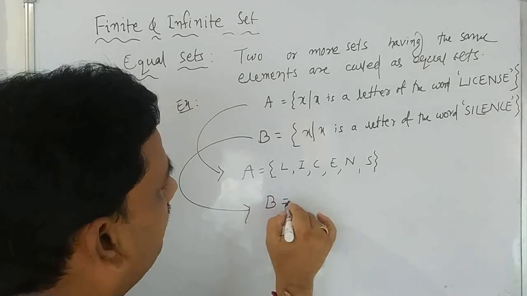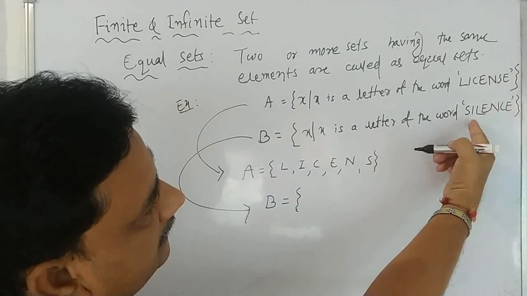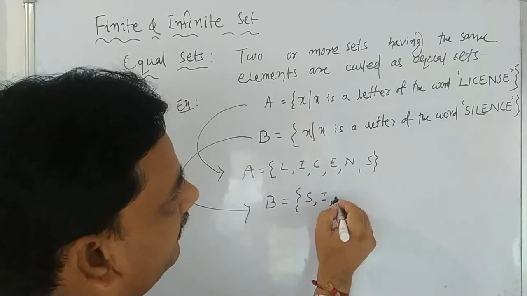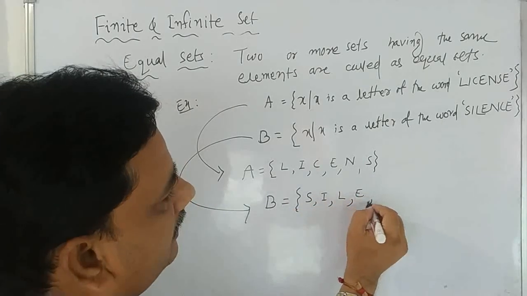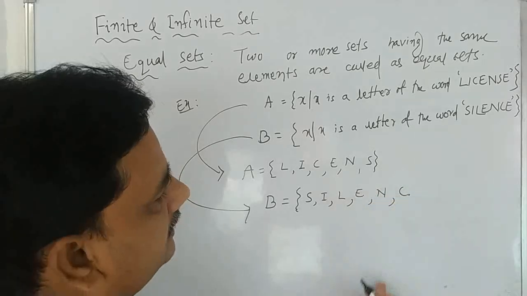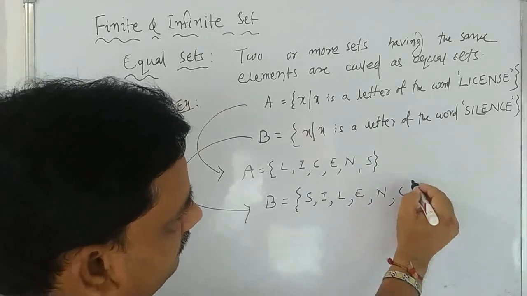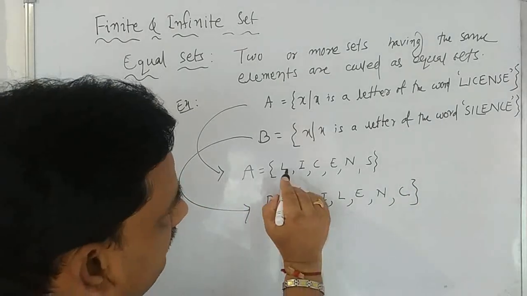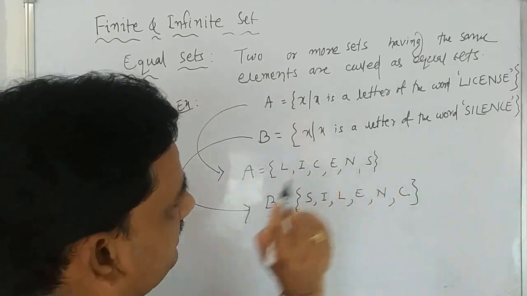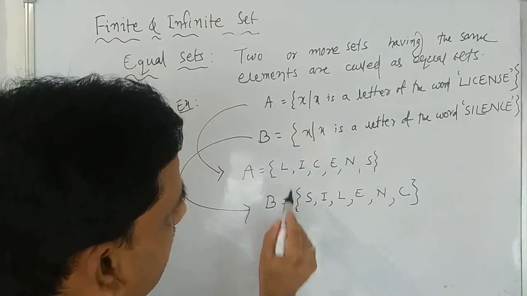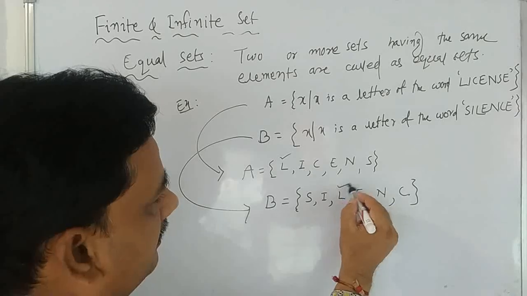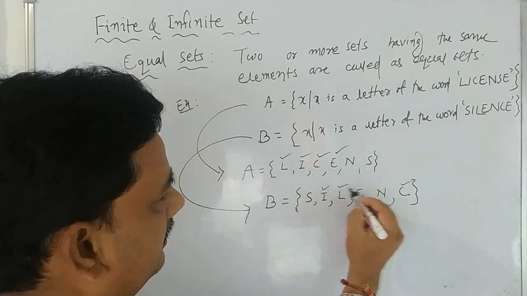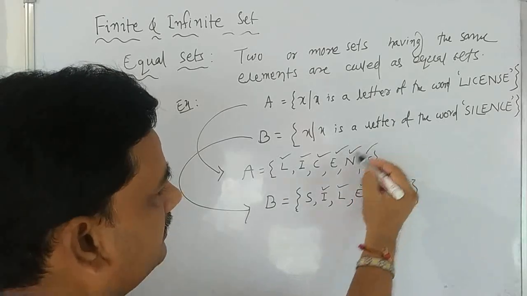Now set B, the letters of the word silence. So S, I, L, E, N, C, and E is already there, so I'm not repeating. Now you see here, A contains 6 elements, B also contains 6 elements. L is there, I is there, C is there, E is there, N is there, and S is there.